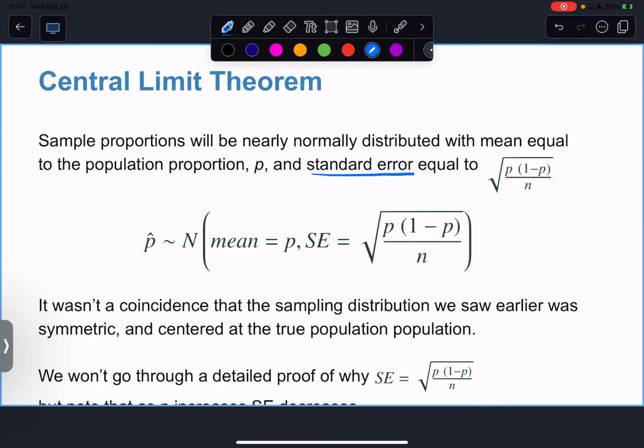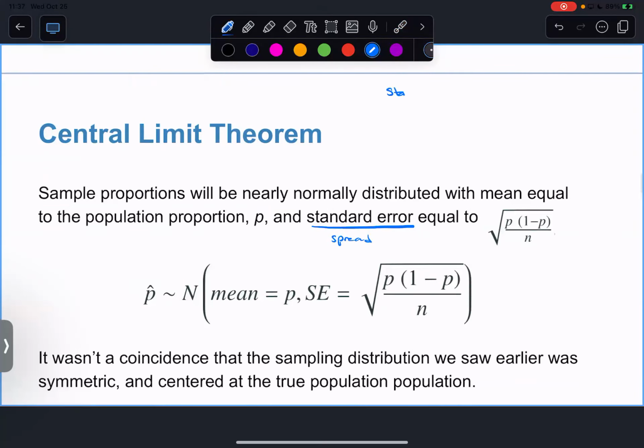The standard error is the standard deviation of the sample statistic.